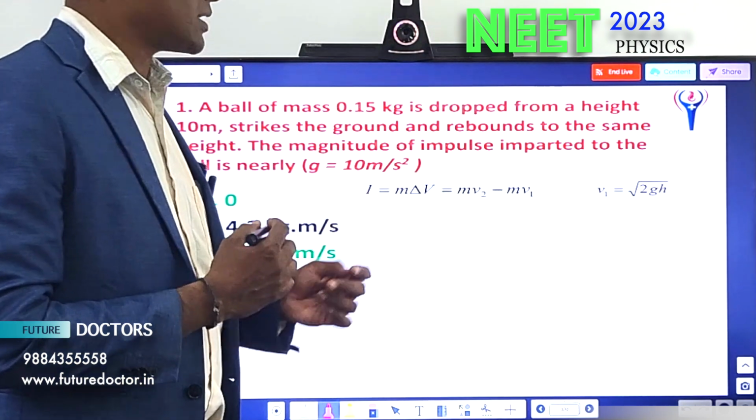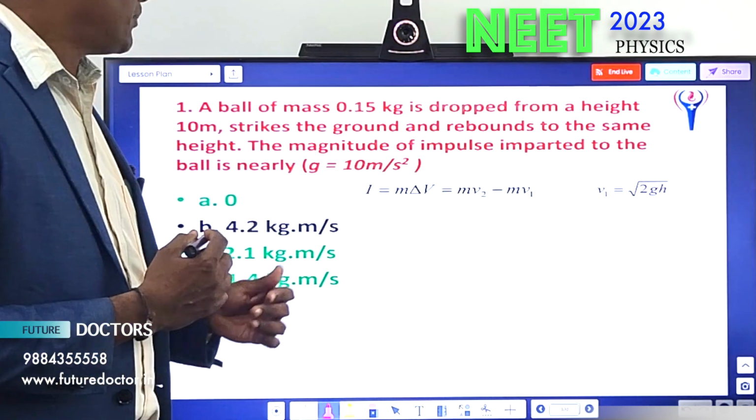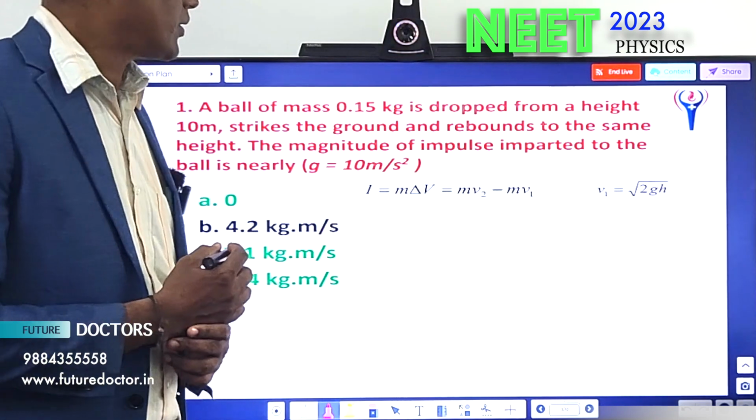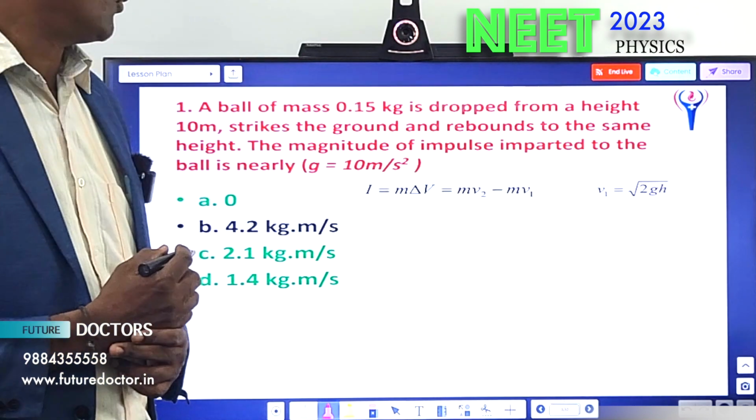Formula is impulse equal to change in momentum, that is dp, and dp is nothing but m into delta v, that is m into v2 minus m into v1.